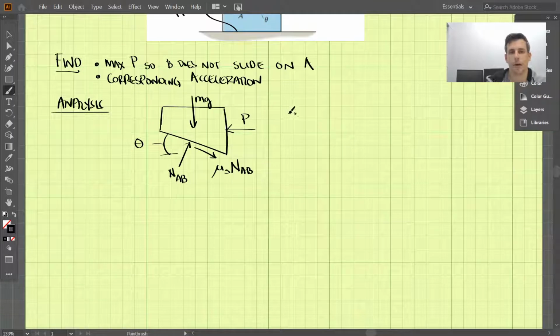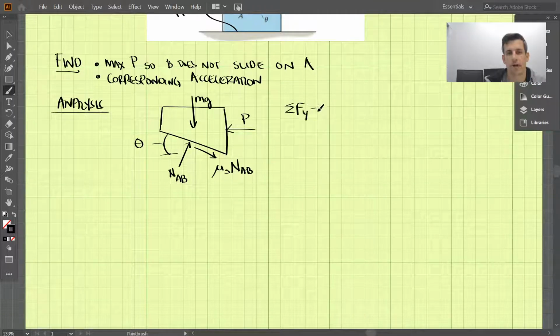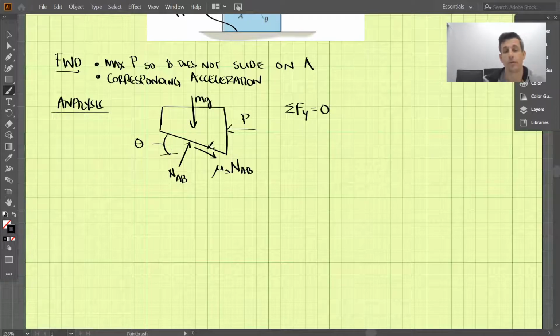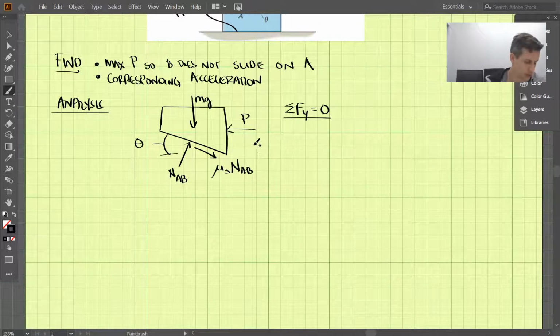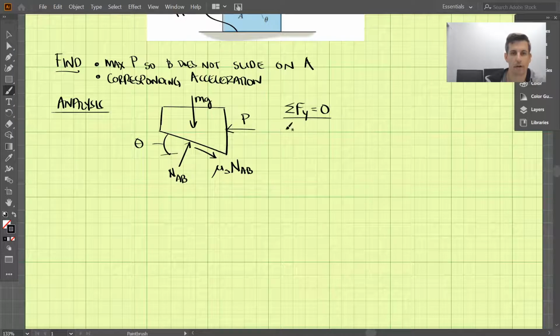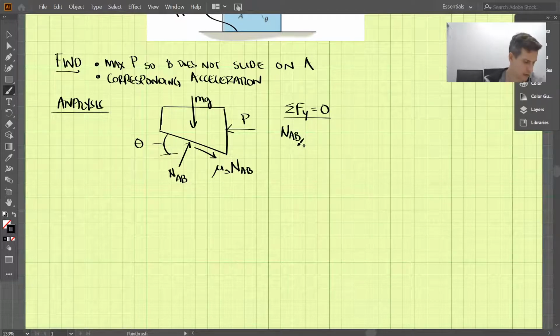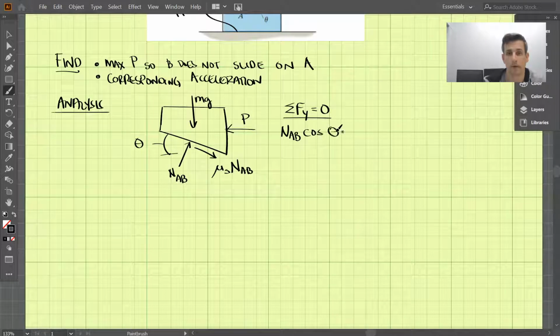So let's get started. We can sum the forces in the y direction and set those equal to 0, right? Because we know that this is not accelerating in the y direction. We're figuring this out so when A does not slide on B or vice versa. So we know that the acceleration in the y direction is 0. So the equation we have: NAB, a component of this upwards. So we have NAB cosine of theta, component upward here, since this would also be theta here.